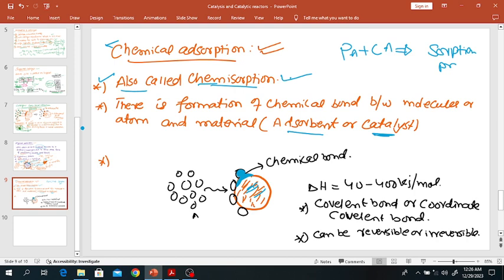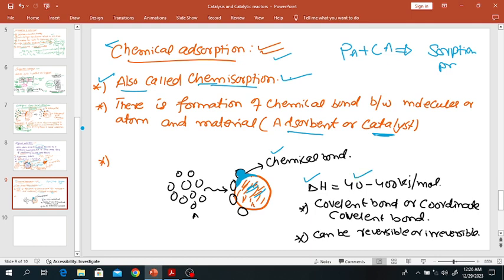Such type of adsorption is called chemical adsorption, and the enthalpy change in this process is quite high. It is equal to the heat of reaction, because actually a reaction is taking place on the surface of the catalyst in this chemical adsorption process.